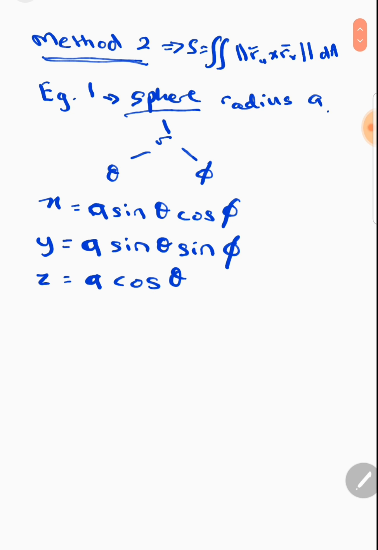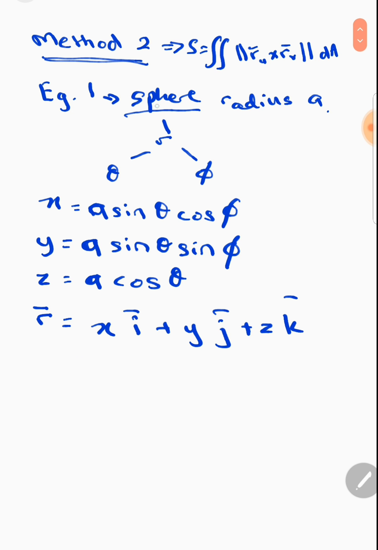First of all, in the parameterization method, which is method 2, remember we are actually given my r. So we are going to write down the vector, unlike the first method, as xi plus yj plus zk, and what you do is basically replace x, y, z with these forms.